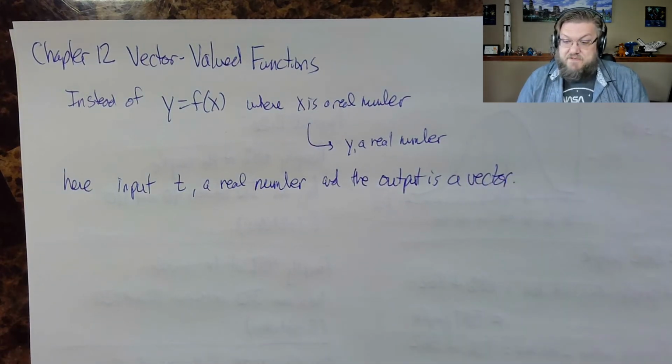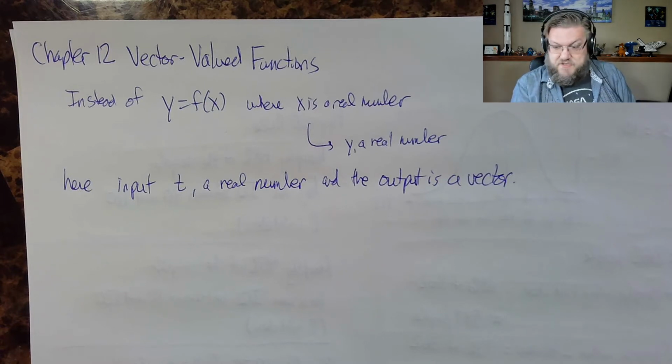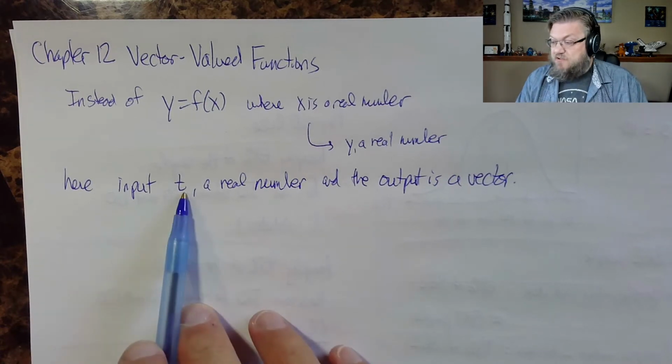One way to think of t is time. Time is often what we can think of as the parameter value, we call it. The input is now called a parameter.